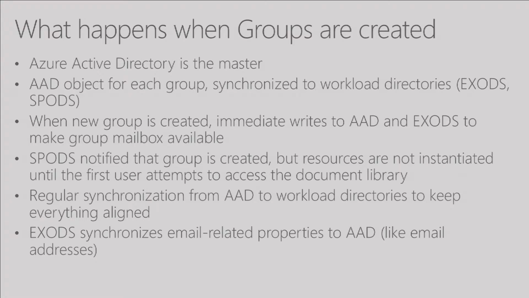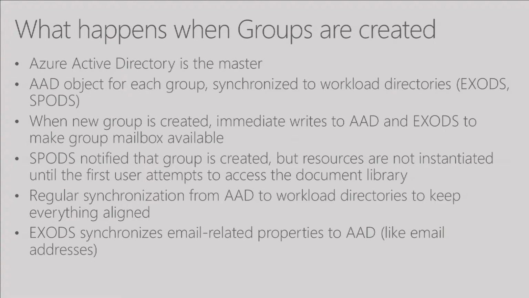However, SharePoint doesn't do that until the first user goes and attempts to do something with that document library. And that's simply just to restrain the use of resources. Okay? So we've got a couple of immediate rights, and we've got a notification, and so forth and so on.